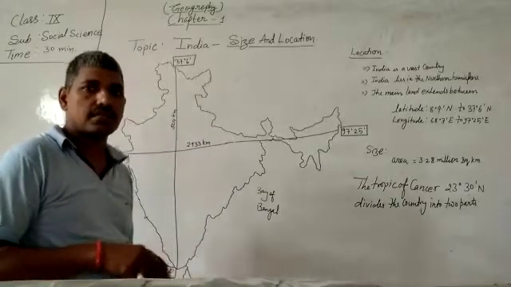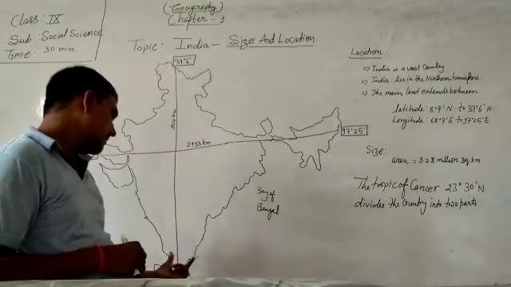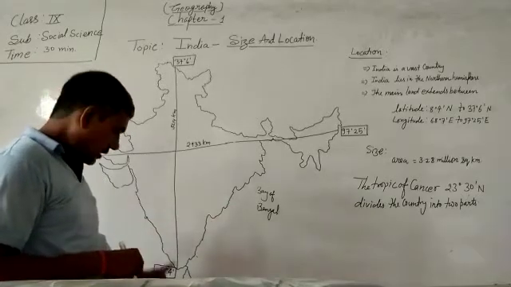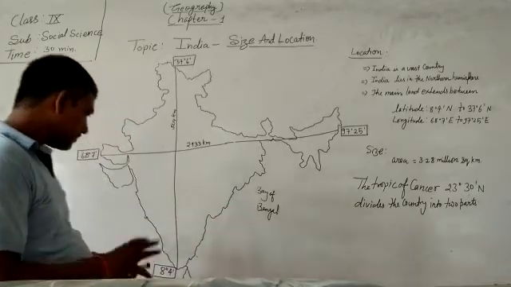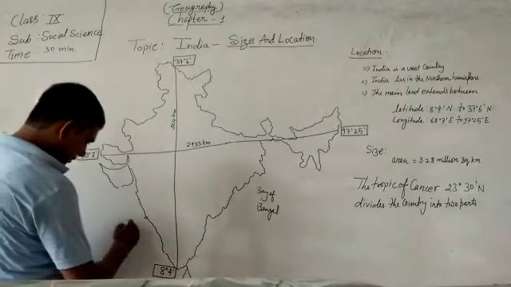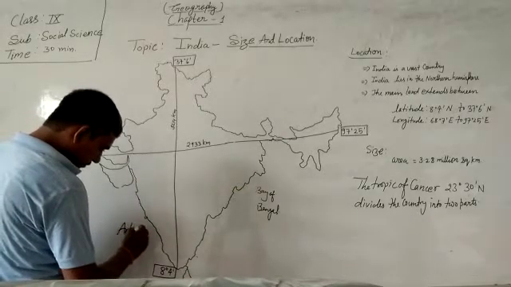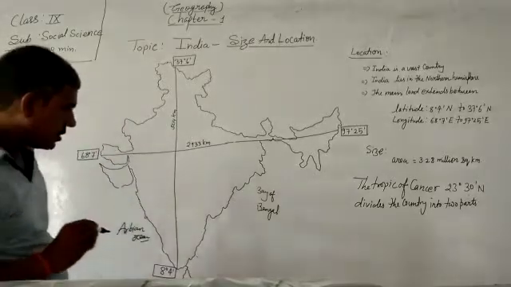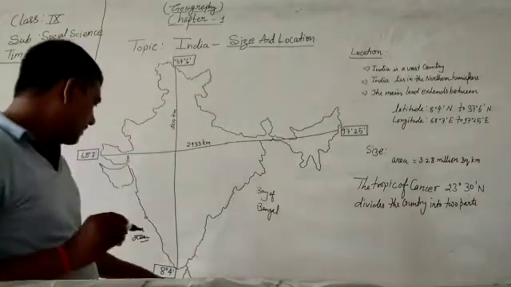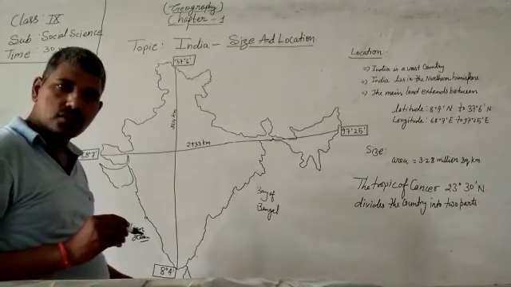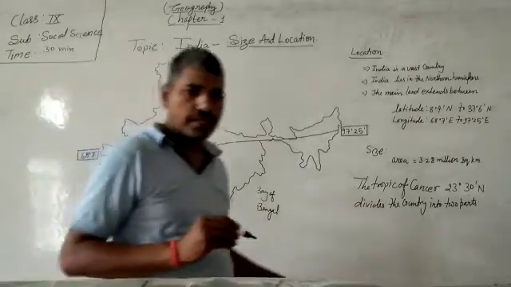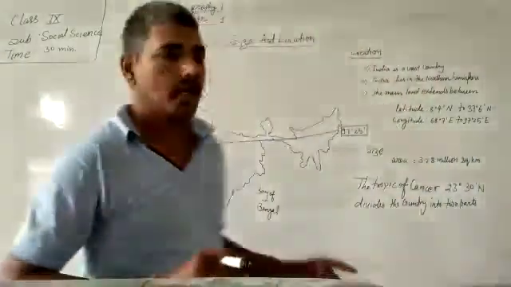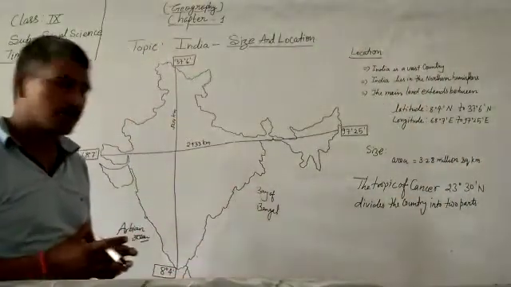The same condition is here, because here are the Bay of Bengal, the Arabian Sea, the Indian Ocean, and just below is the Indian Ocean. In this way we can see that the peninsular region is surrounded by water.